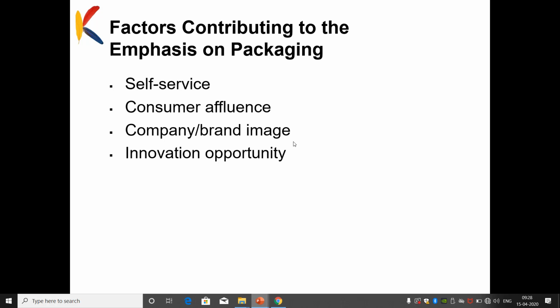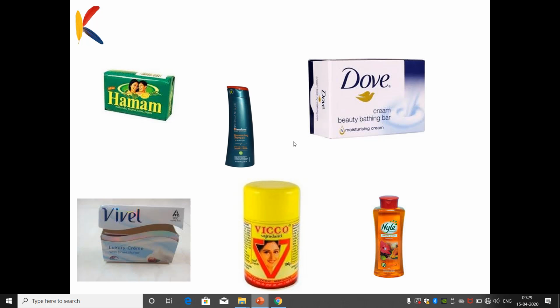We often see a habit that empty jars are used for multiple purposes. Many companies sell their product in jars which can be used by customers in future as well, with some different utility. It enhances the company's brand image, and also gives some innovation opportunity. So these are some of the very lucrative packagings.